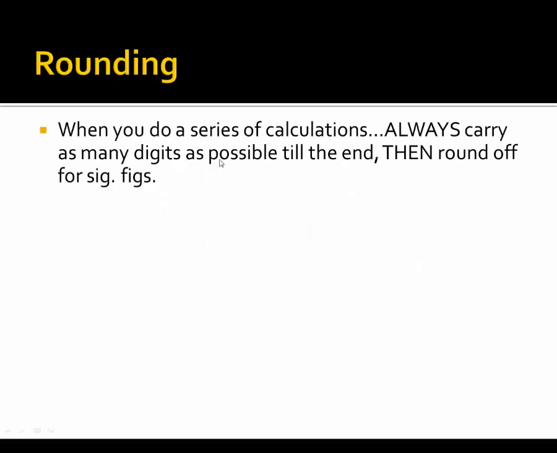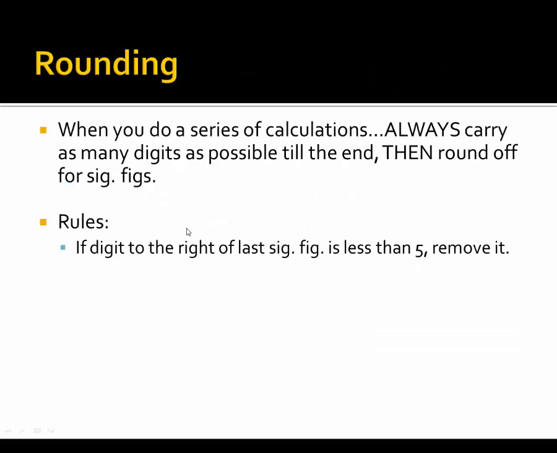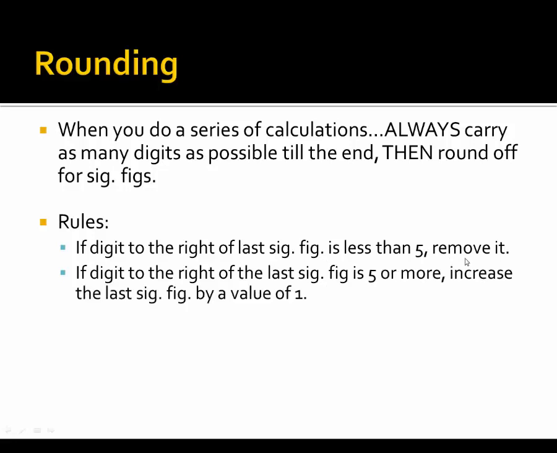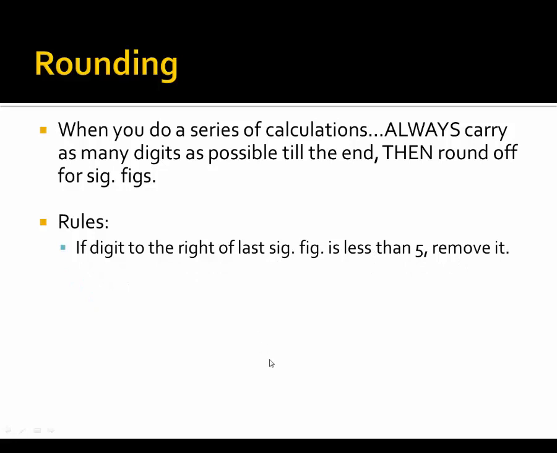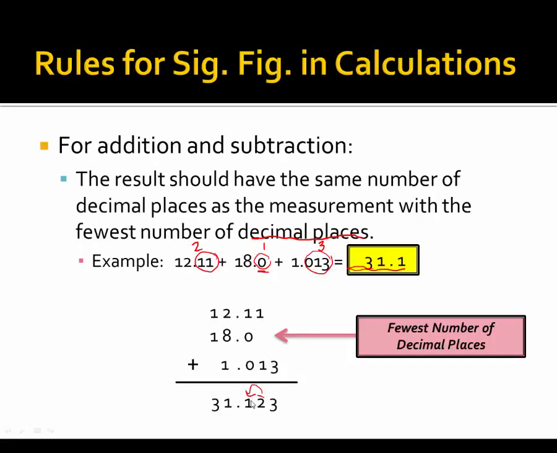So let's take a closer look at rounding. If the digit to the right of the last significant figure is less than 5, remove that digit. I'm talking about the digit to the right of the last significant figure. In the last example, the last significant digit was 1, because that's as accurate as we can be there.